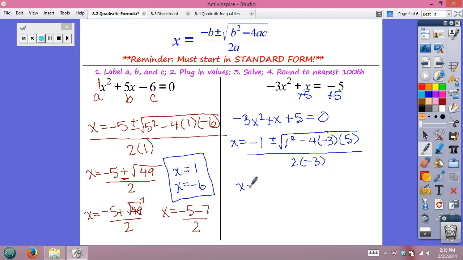Simplify. x equals negative 1 plus or minus the square root of 61 all over negative 6.